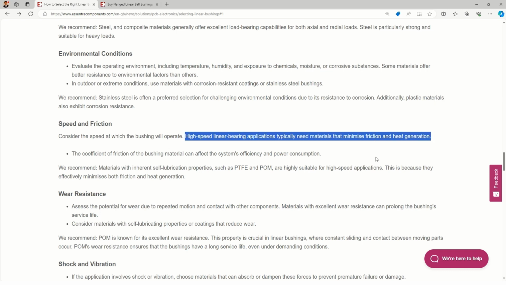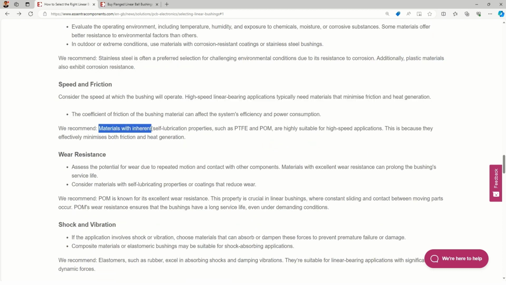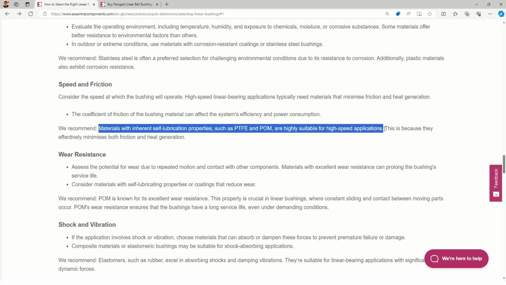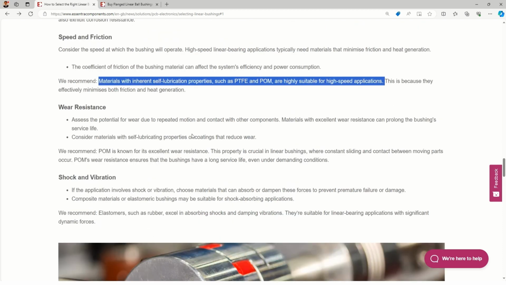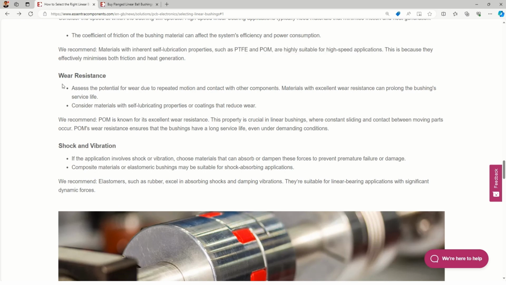So we require a material with a lower coefficient of friction, and that's how we use materials with inherent self lubrication properties like PTFE, polytetrafluoroethylene. This material is used for high speed applications. Then we have wear resistance. If we require high wear resistance, then POM is known for excellent wear resistance, so this material is used for wear resistance.